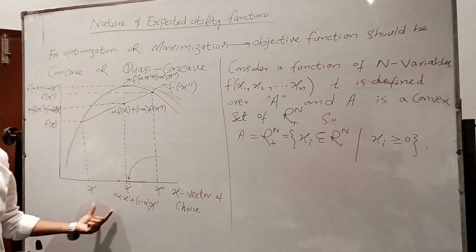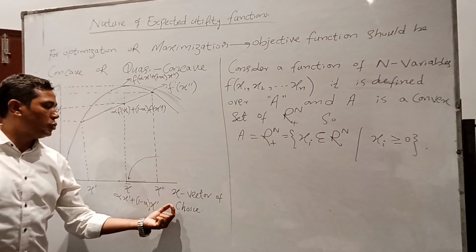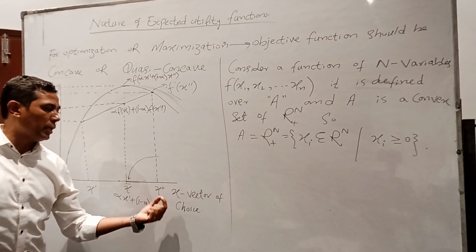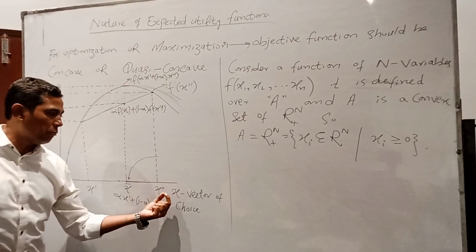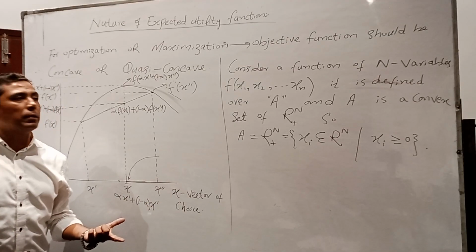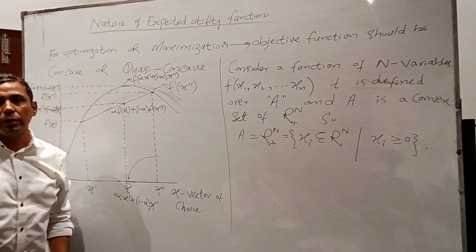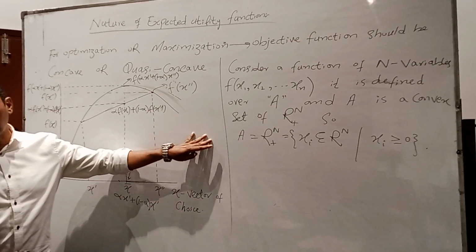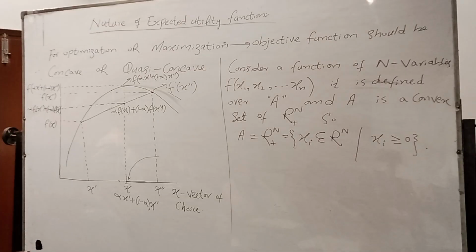So that's why I have selected any two variables in the vector x. Clear? So generally you can write in this way. ठीक है?